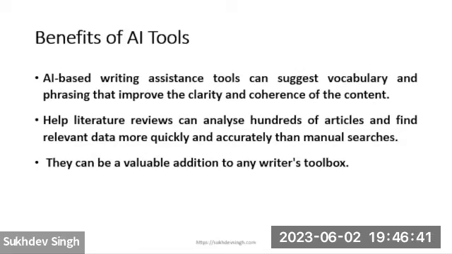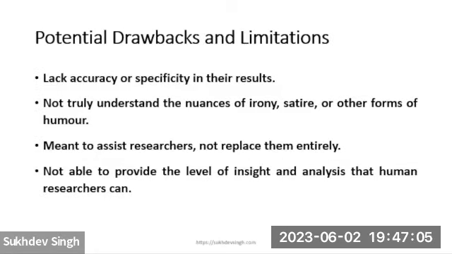You can analyze hundreds of articles and find the relevant data and key themes more quickly than doing manual searches. These tools can be a valuable addition to any writer's toolbox. They are time-saving tools.